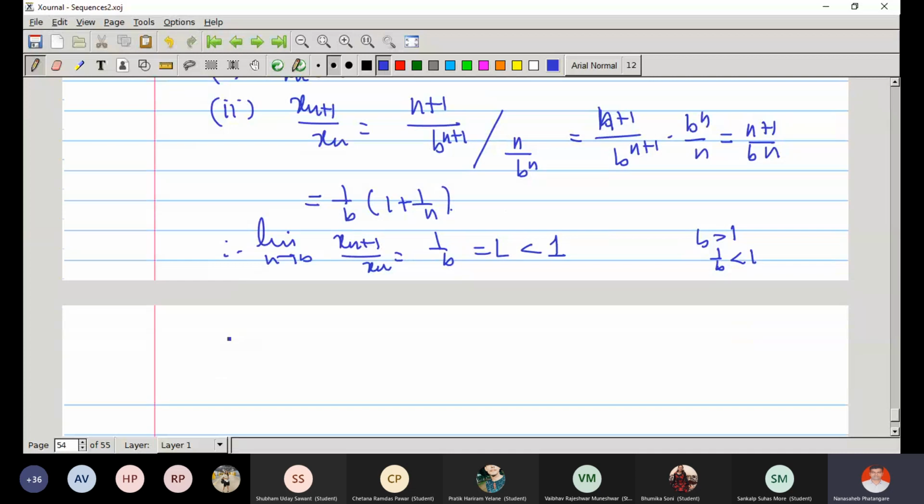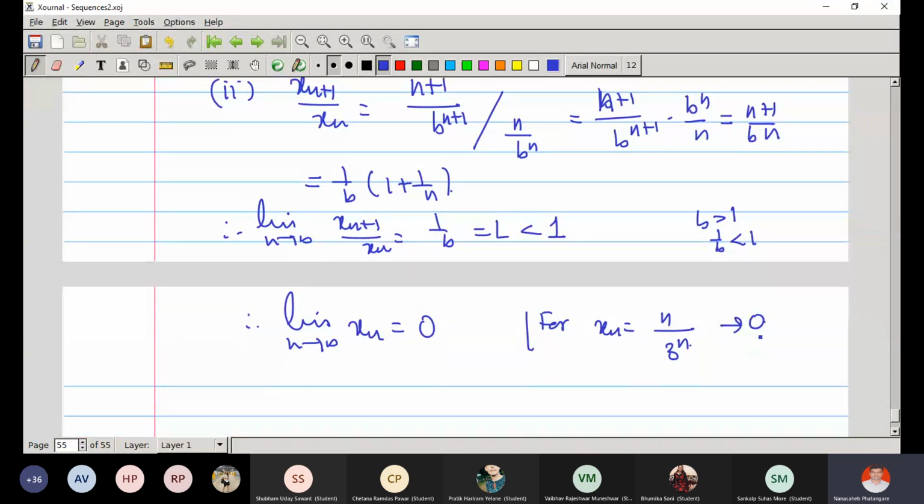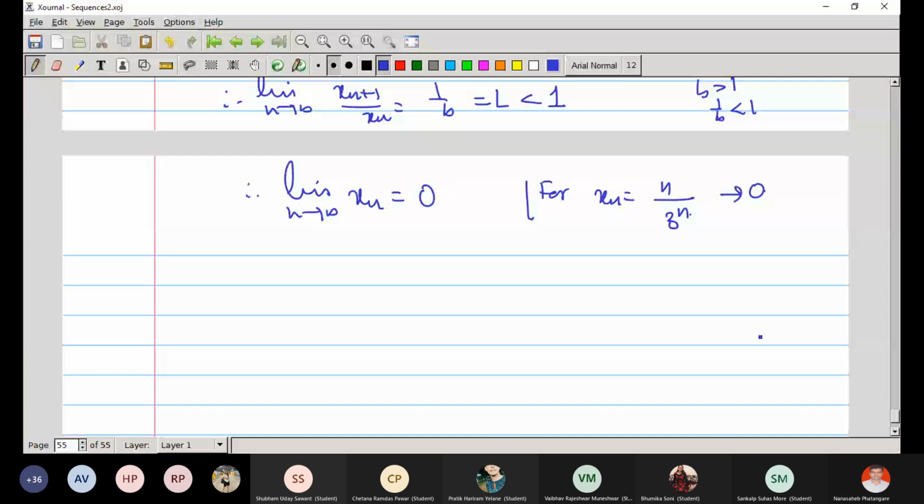And therefore, what can you say about the limit of the sequence? Equal to 0. So for example, if our sequence is n upon 3 raised to n, here b is 3 and b is greater than 1, so the limit of this sequence must be 0 without any loss. You can say this.